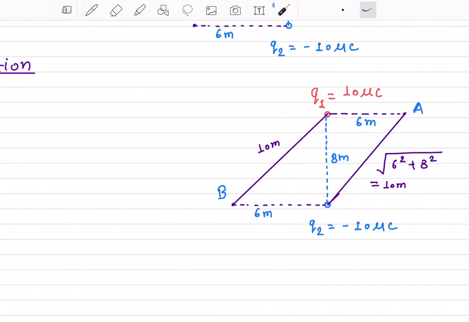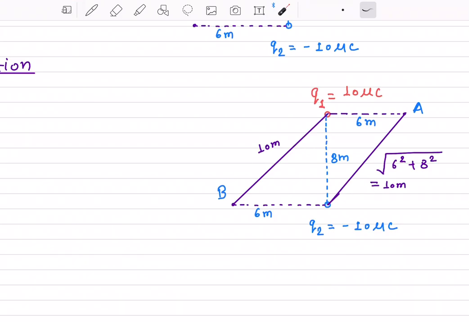Now we are trying to find the potential at point A due to these two charges. And remember, potential is a scalar quantity, so you do not worry about the direction. If you have to find the electric field, then you have to worry about the direction.